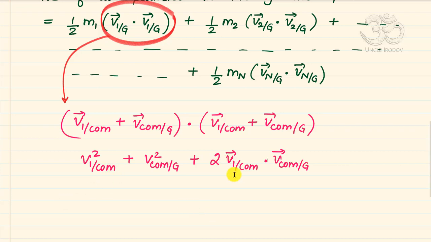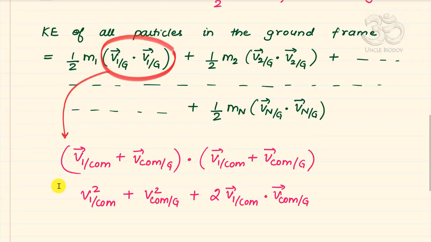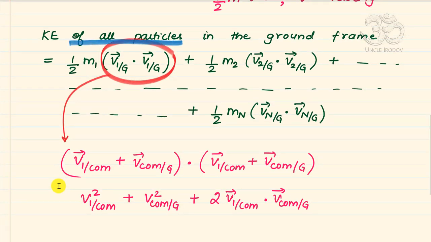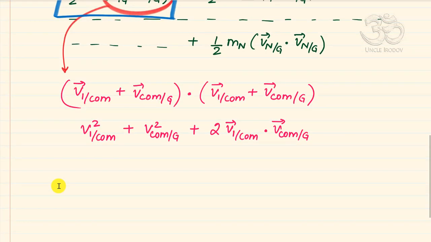And this is the entire expression which I will get after opening it up. And I still have half and m1 outside. So when I bring in those terms also, what does the first total term become? Let me enclose it in a blue quadrilateral and show you.